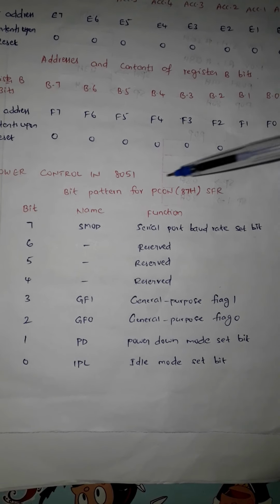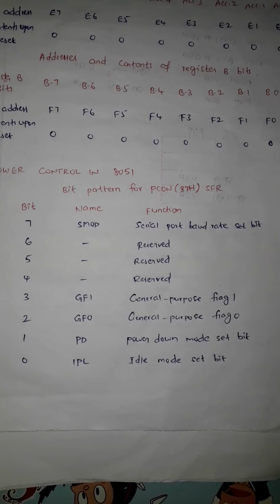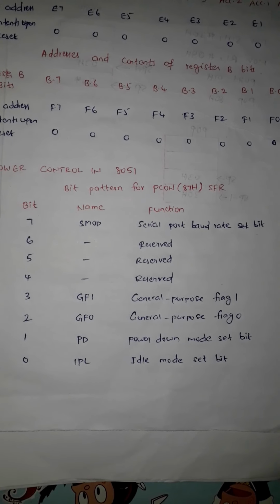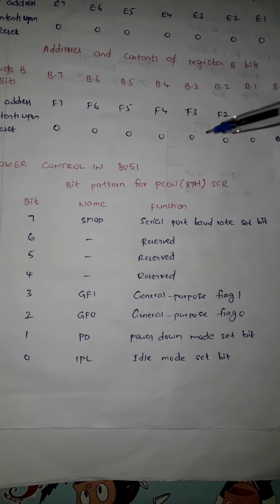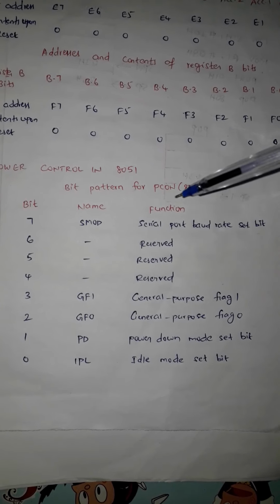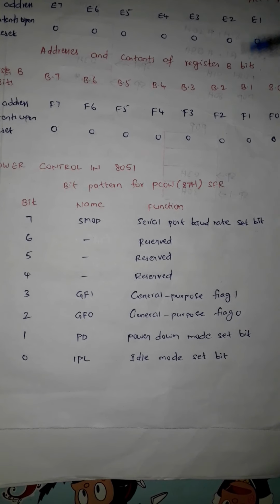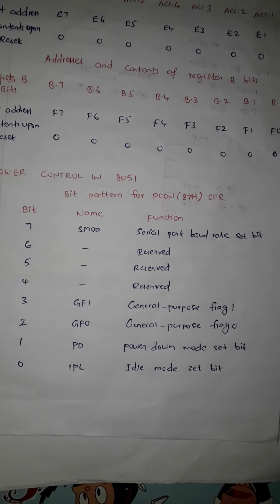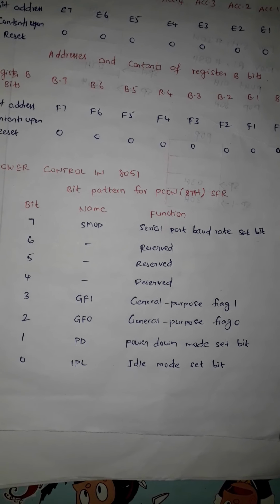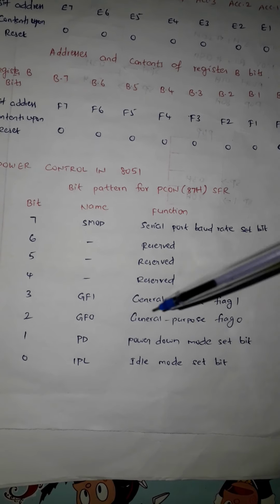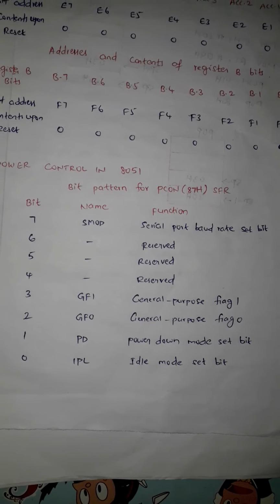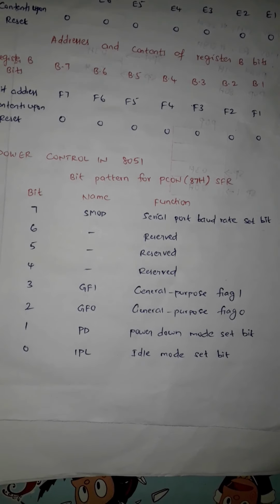When you set this bit to 1, then the baud rate is doubled, otherwise half of the baud rate is selected. Only this bit in the PCON register is used for serial port communication, and the rest of the bits are used for other functions for the power control operation of the 8051.